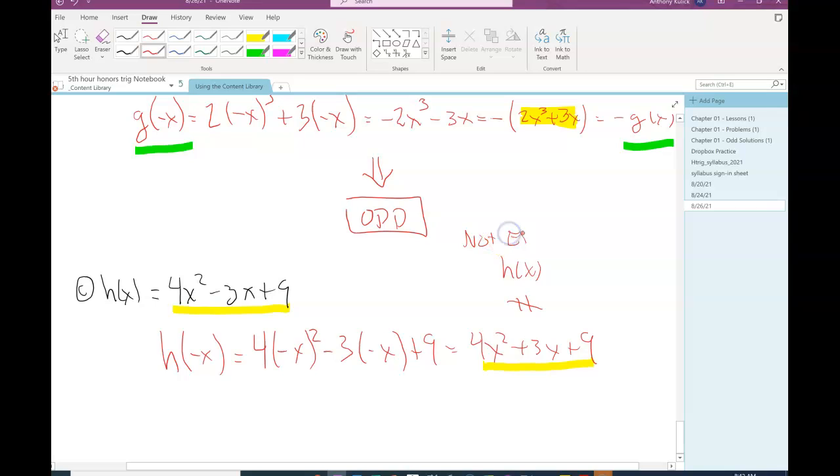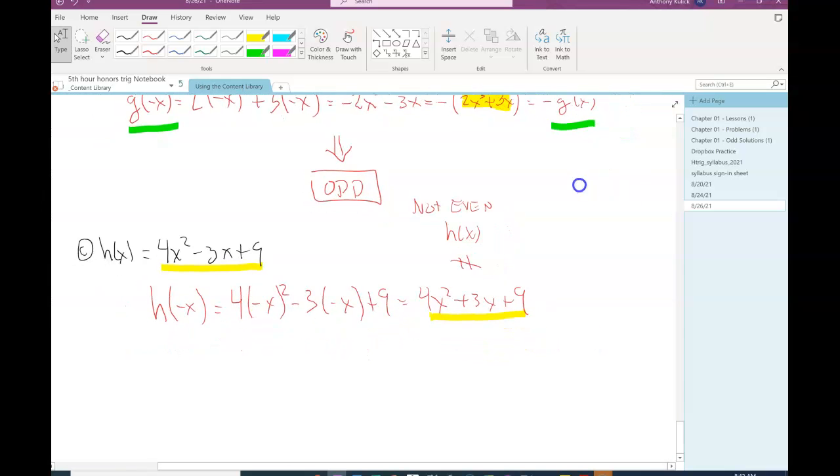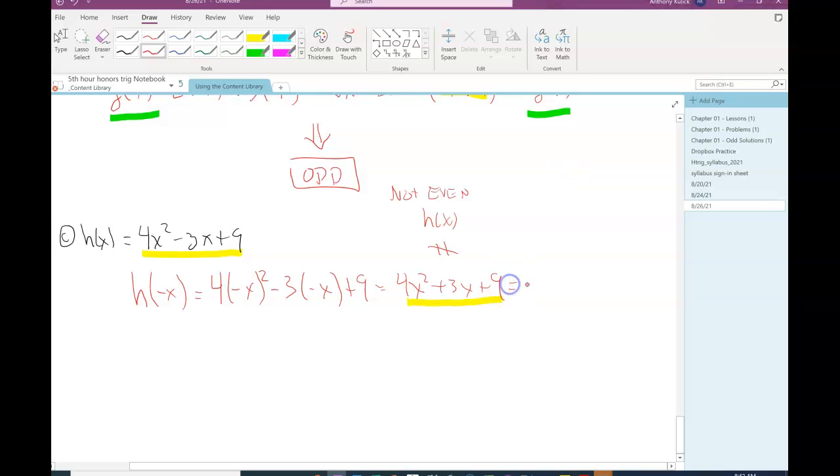So I know then it's not even. Everybody agree with that? Okay, well, maybe if I factor a negative sign out, it'll work. If I factor a negative sign out, I have this. But after factoring a negative sign out, that's still not h of x. So I know I'm not odd. So that means it's going to be neither.